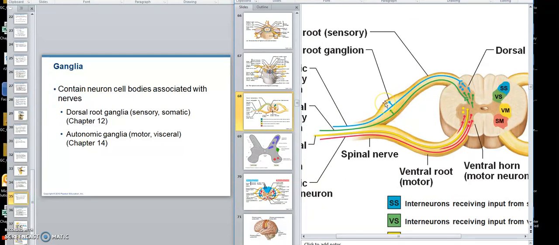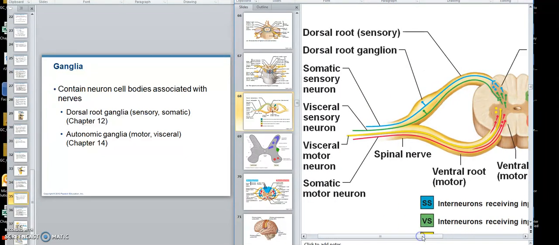Go back and study that. And you have a cluster of those. So right here, you have a cluster of neuron cell bodies in the dorsal root. This is what brings the sensation in. And this right here is called the dorsal root ganglion. It's a cluster of neuron cell bodies.